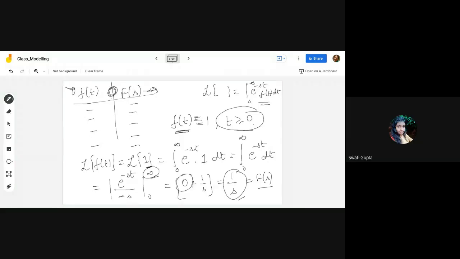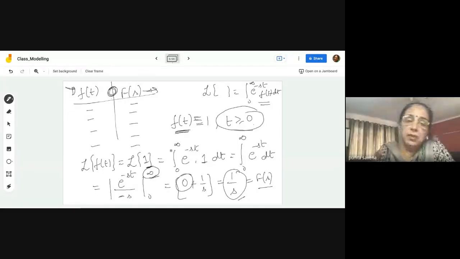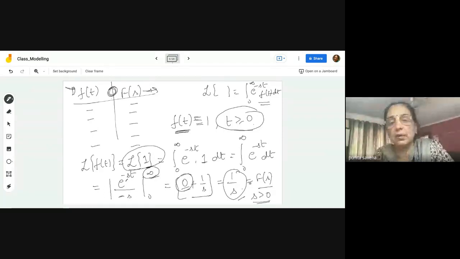This limit will be 0 only when s is more than 0. Because if s is less than 0, then this is no longer 0. It becomes infinity, so the improper integral diverges in that case. It won't converge. So we are getting a Laplace transform of this function as 1 by s, but only when s is more than 0, not for any other value of s.